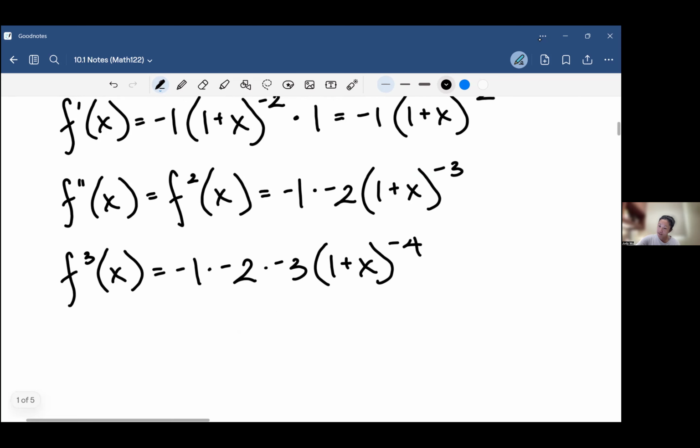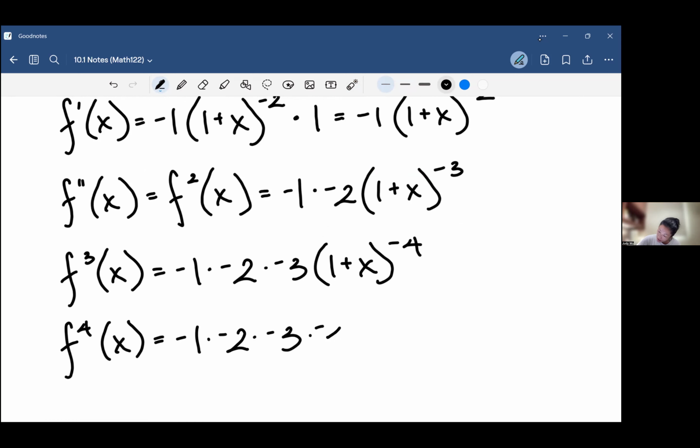Okay, so I'm just bringing down the power and multiplying it because this is a constant. So I just keep it in the front using that constant multiple rule. All right, my f4 of x is -1 times -2 times -3 times -4 times 1 plus x to the -5. Okay.